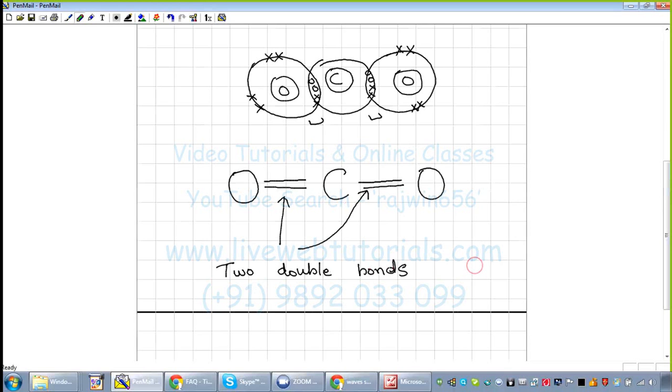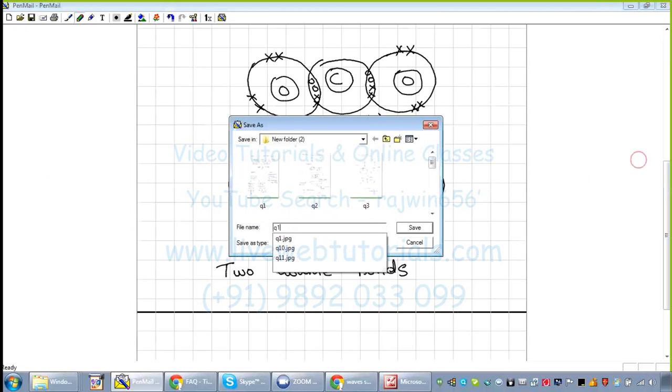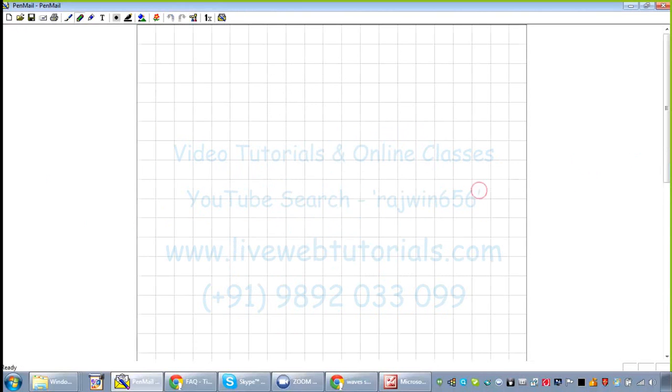I can also show this in the form of electron dot structure. Show the central carbon atom first. Six electrons of oxygen.